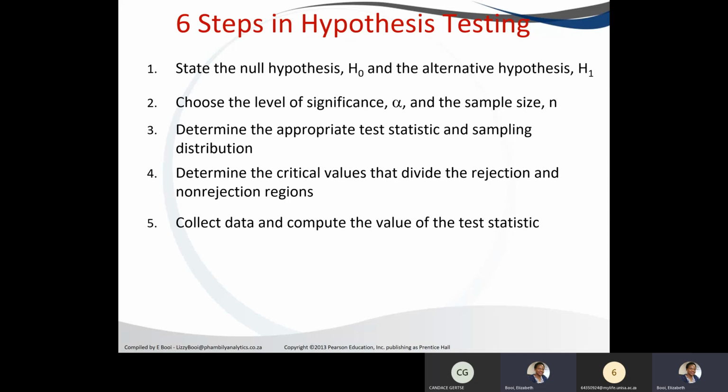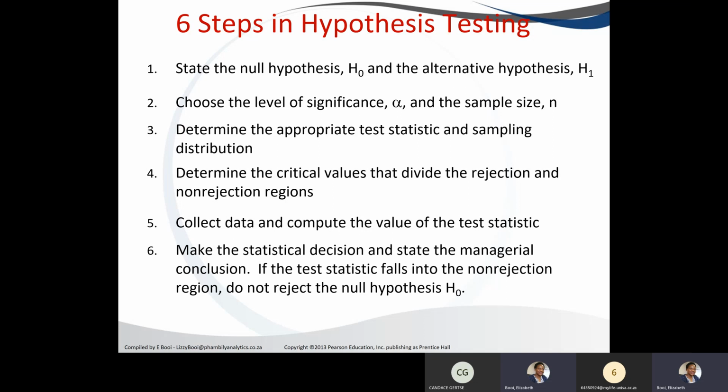Based on the sign in the null hypothesis and especially in the alternative hypothesis, it will tell us whether we're doing a one-tailed test or a two-tailed test. Then we calculate our test statistic, and then we make a decision and conclude. This also depends on whether we're doing a one-tailed or two-tailed test, where the regions of rejection are. We make a decision and conclude based on the test statistic and the critical value.